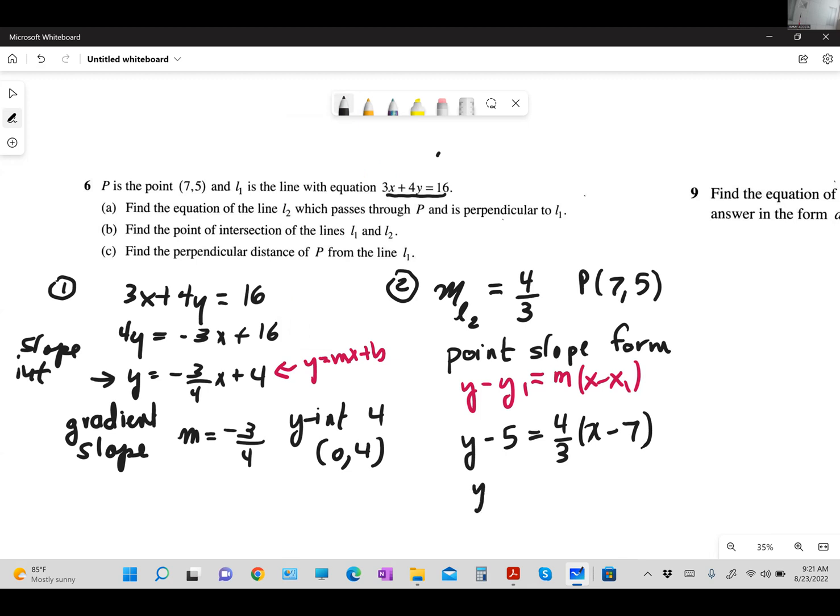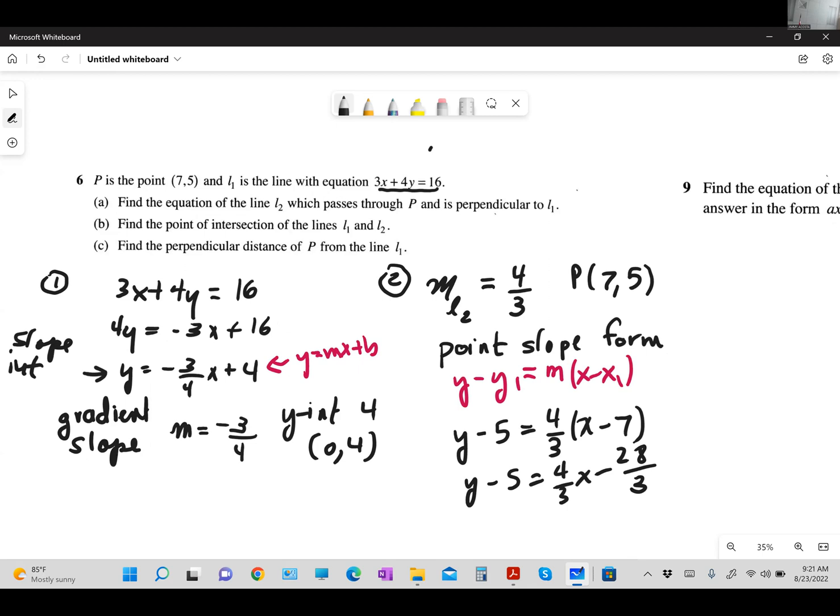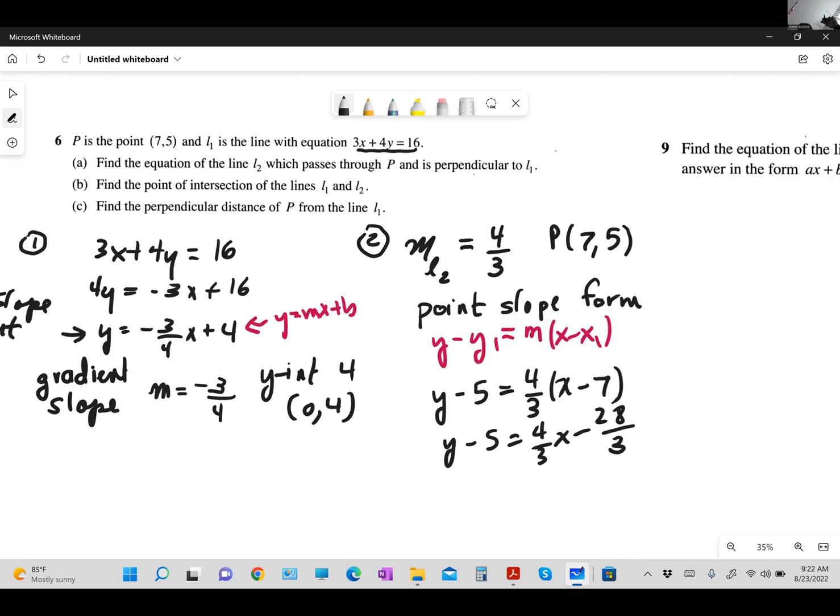So we have y minus 5 equals 4/3 x minus, what's 28 divided by 3? You can't really do anything with it, so you just have to leave it like that. I mean, you want to make it a decimal? Be my guess. And now, do we add the 5 over? Yes, we should.